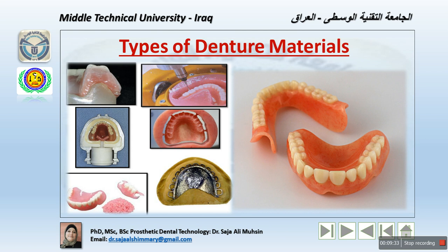With the metal, we can, for example, have 0.8 millimeter thickness. In terms of metals, we can use gold, cobalt, chromium, titanium, vanadium. All of these can be used as a denture base material.